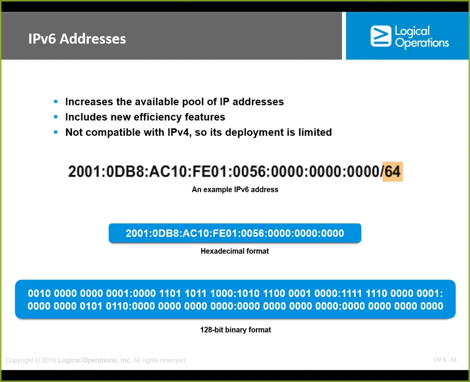It is not compatible with IPv4. It says its deployment is limited, but it's getting more and more deployed in the US. My ISP actually does provide me with an IPv6 address. And if an IPv6 destination address is available, it prefers IPv6 over IPv4. It's more secure, it's faster, and it is a more efficient protocol.